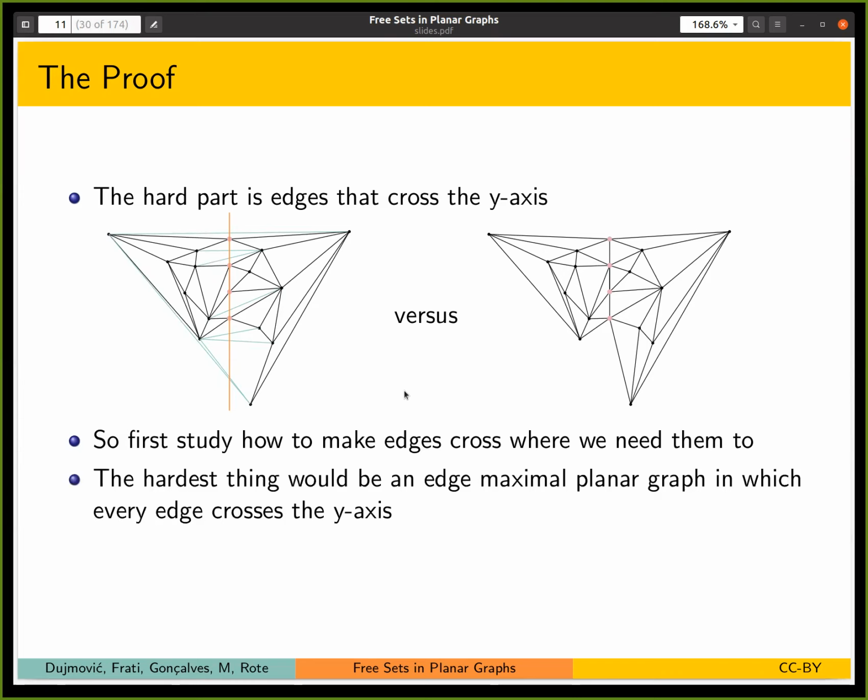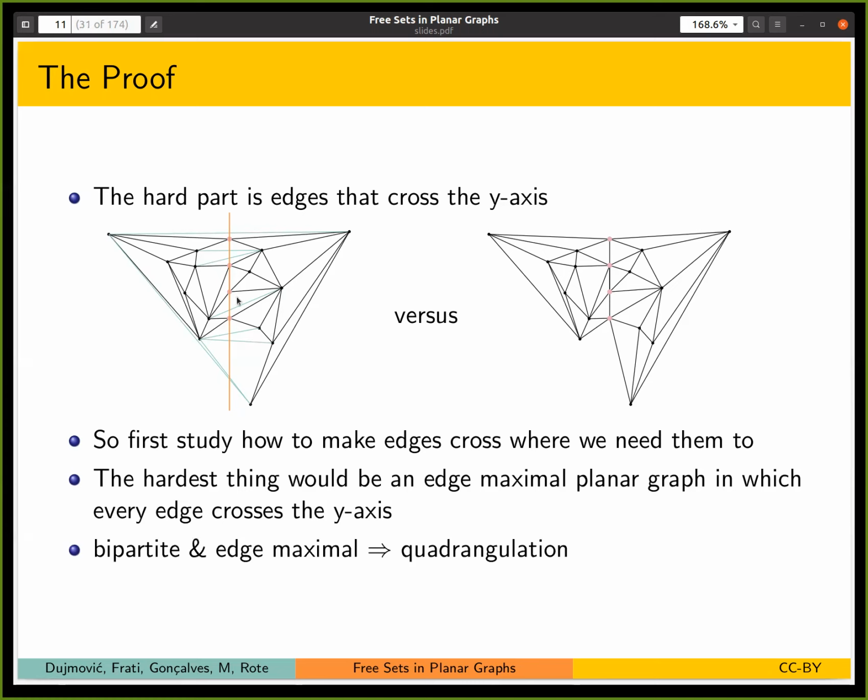And what would be the hardest instance of that? The hardest thing would be if all of the edges crossed. So every edge is constrained to pass through a specific point on this vertical line, which may as well be the y-axis.